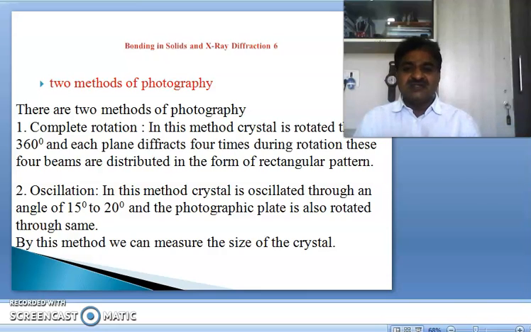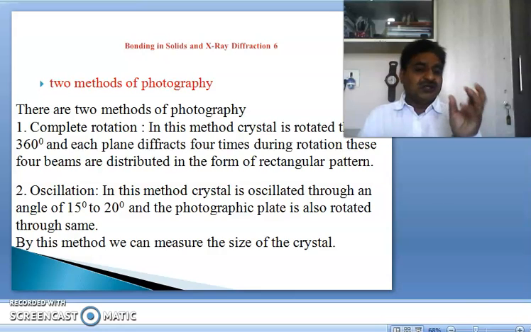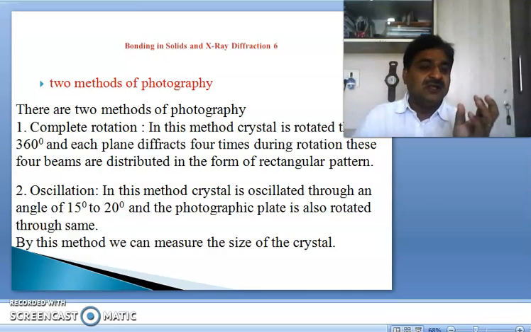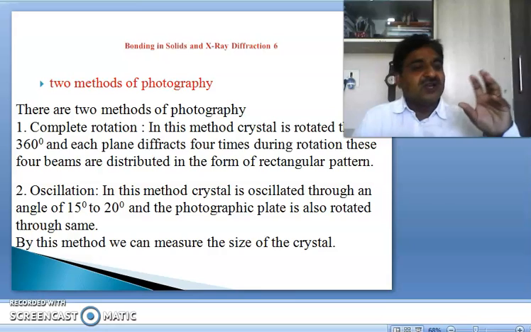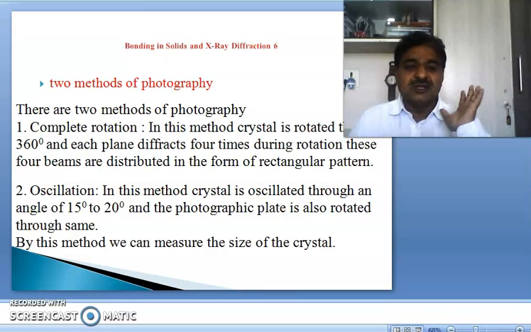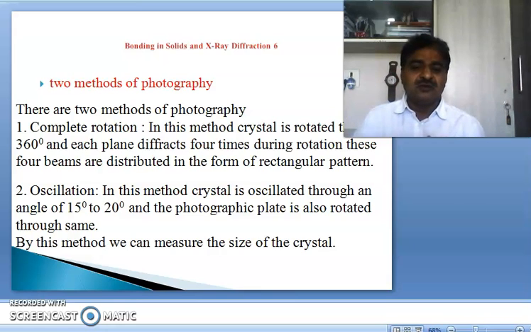And the second one is oscillation. In this method, the crystal is rotated, no doubt. But how is it rotated? It is rotated through an angle of 15 degrees to 20 degrees. And the photographic plate is also rotated through the same angle, that is 15 degrees to 20 degrees.